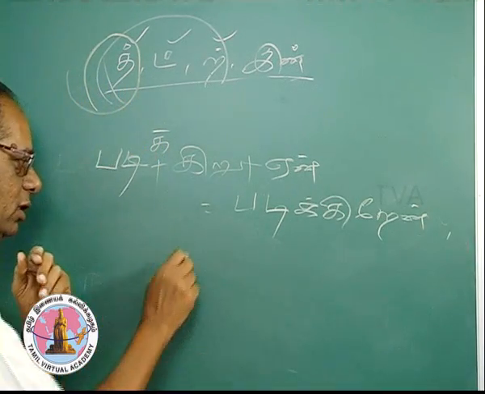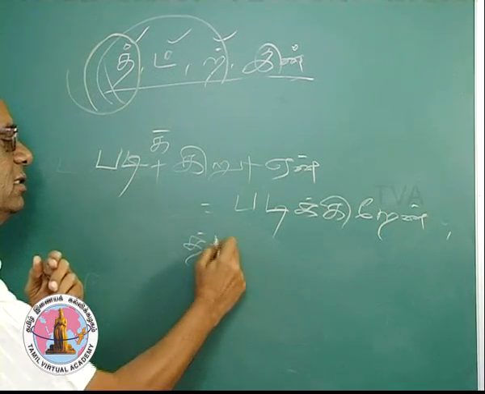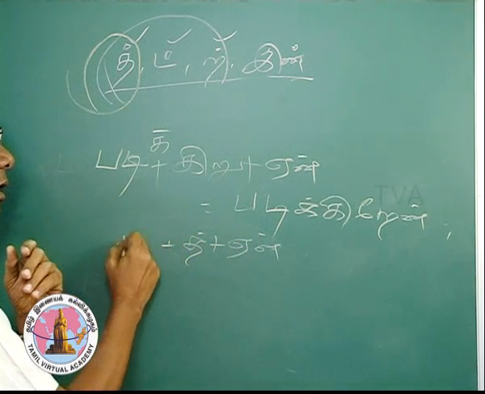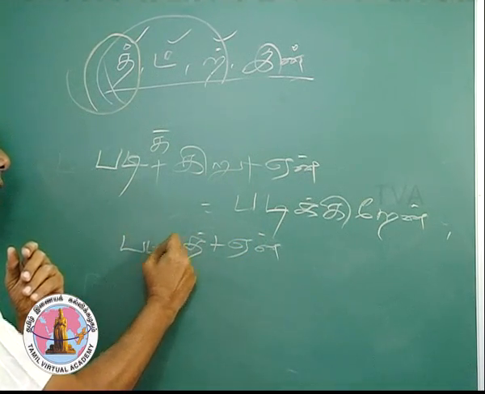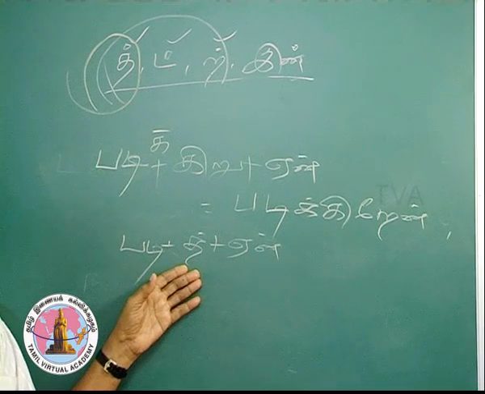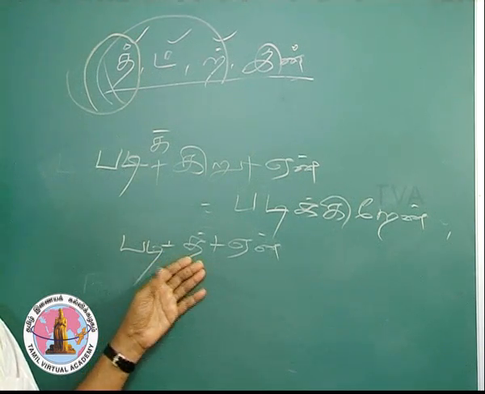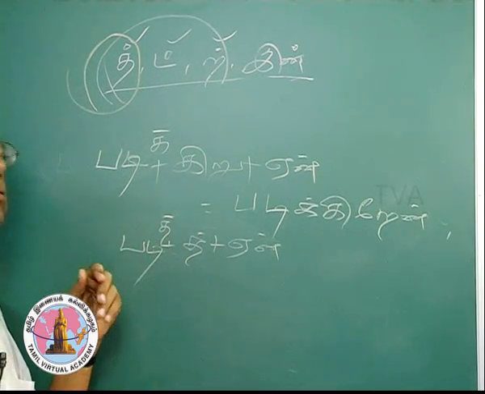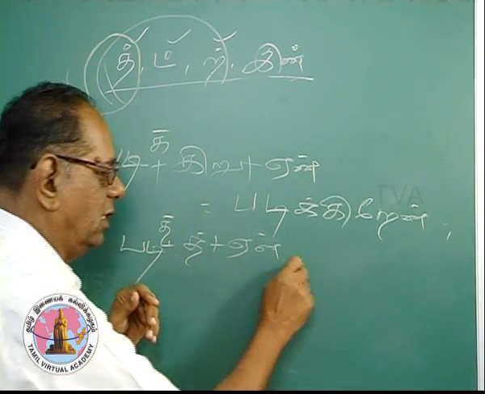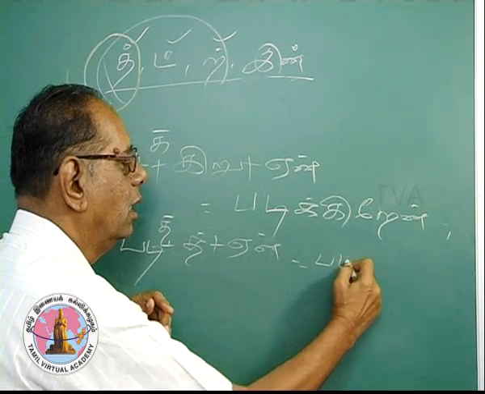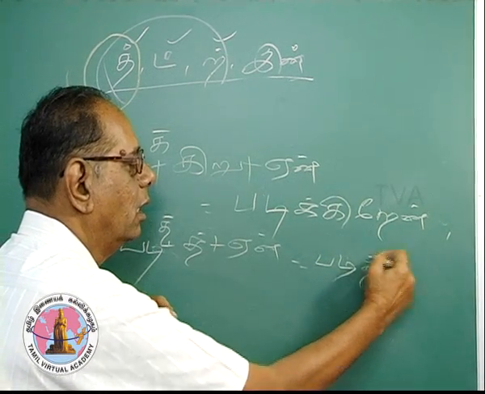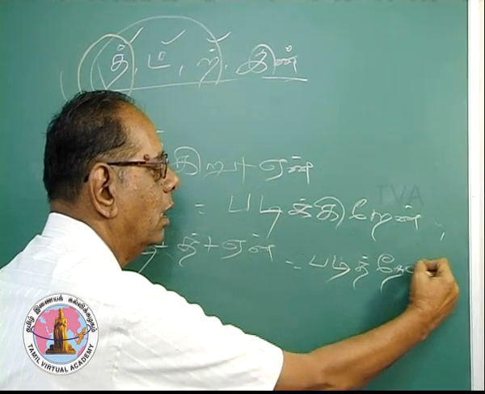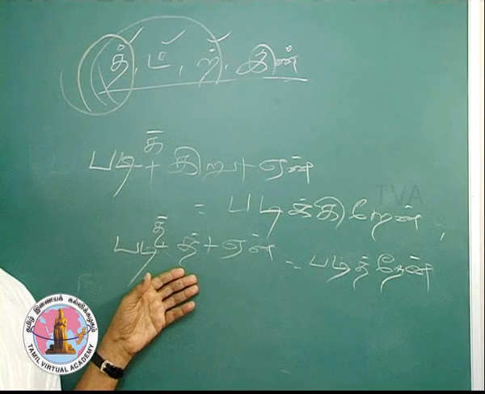So also in the past tense, it accepted the tense marker it. Here also it got doubled. The result is padithen.